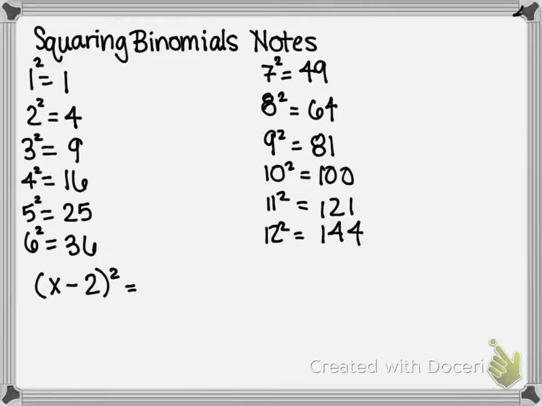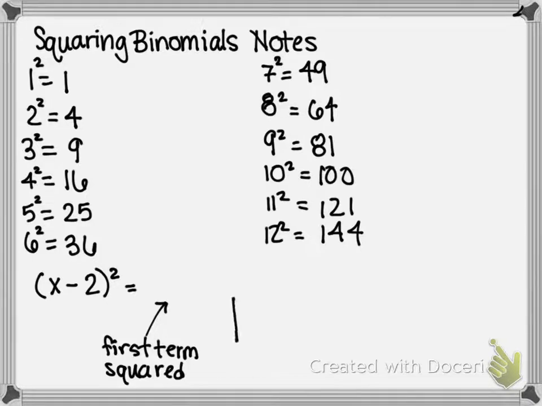So here's the pattern. The first thing we're going to do is take the first term and square it. So I'm going to write here in the notes, first term squared, because that's the first thing we're going to do. If we were in the classroom, which we will be hopefully soon, I would have you call this out kind of like a cheer or chant.